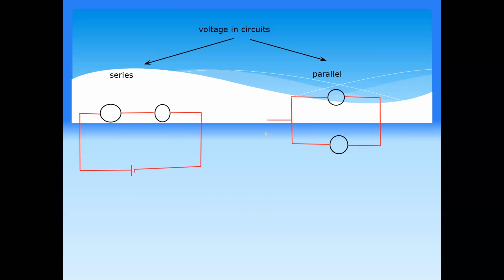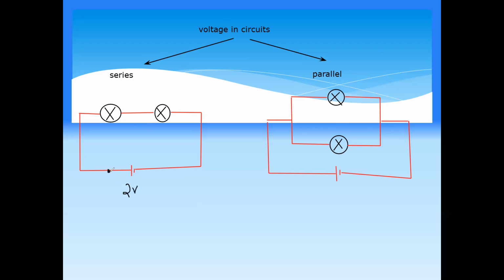So now we are discussing what will happen to voltage in a circuit if the circuit is series or if it is parallel. For example, if I say it is labeled 2V.